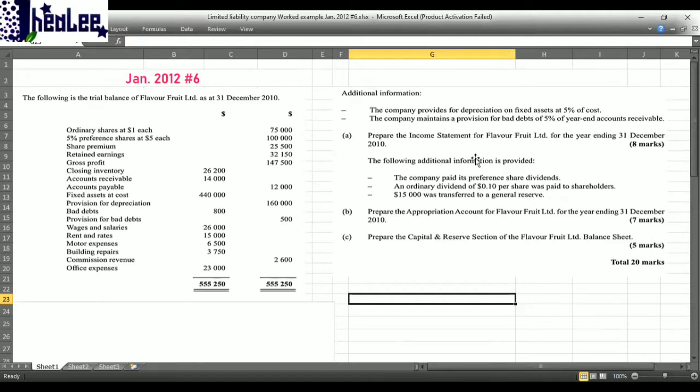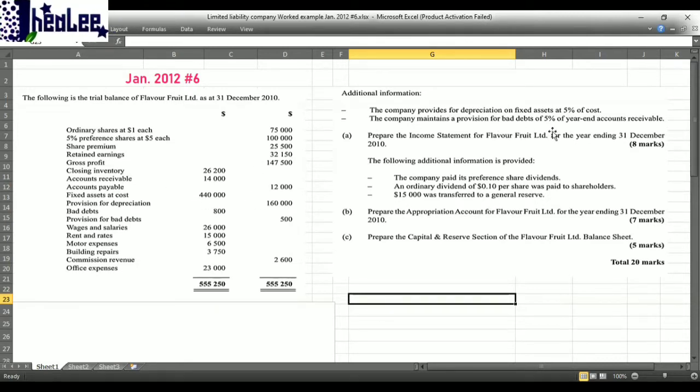Along with that, additional information: the company provides for depreciation on fixed assets at 5% of cost. Because it said at cost, you know that you're using the straight line method. So in calculating, that would be 5% of the fixed asset value, which is 440,000.